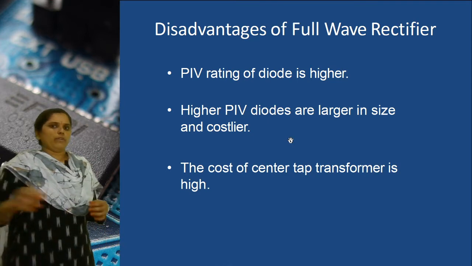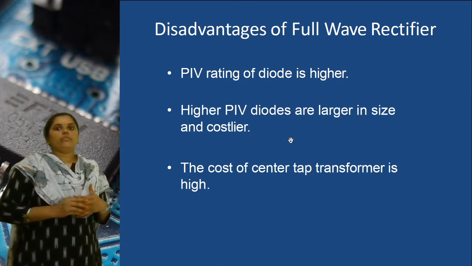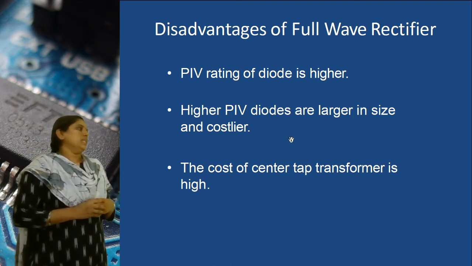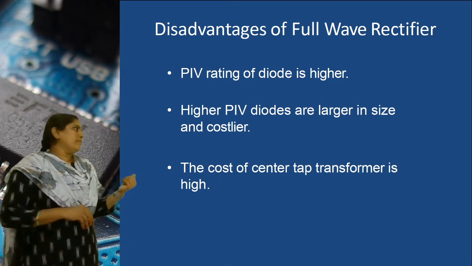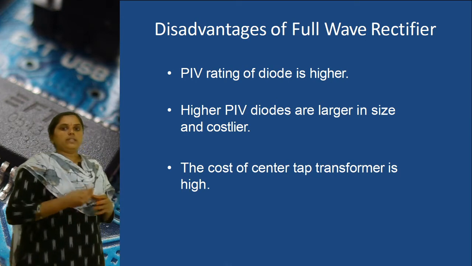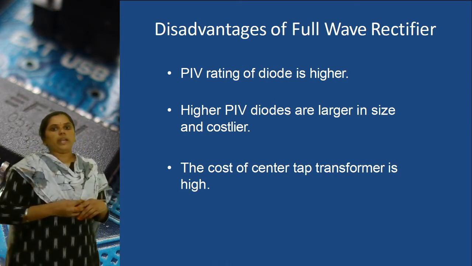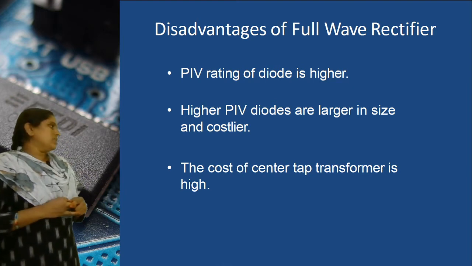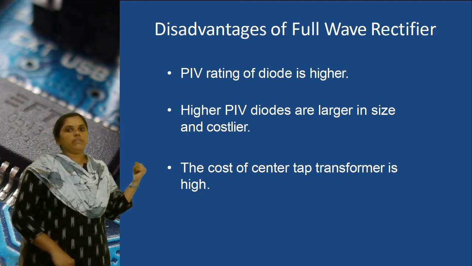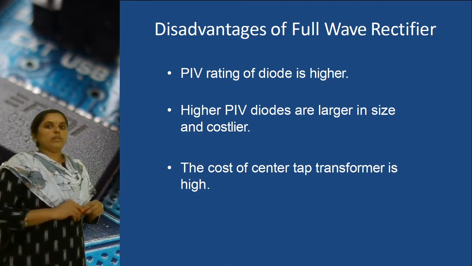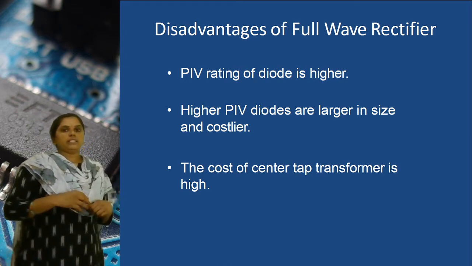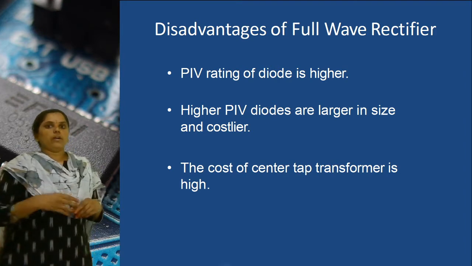Next, disadvantages. The main disadvantage of the full wave rectifier is that we use a center tap transformer. Compared to step down and step up transformers, the center tap transformer cost is high. This is the drawback of the full wave rectifier. The peak inverse voltage is also increased compared to the half wave rectifier. In the half wave rectifier, the peak inverse voltage is Vm, and in the full wave rectifier it is 2 Vm. I will explain ripple factor, efficiency and peak inverse voltage after this slide.